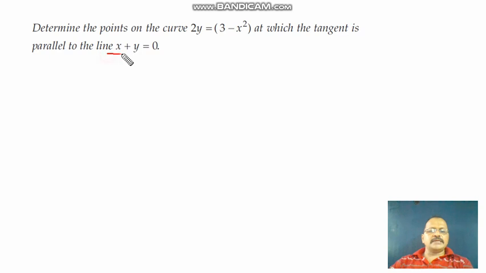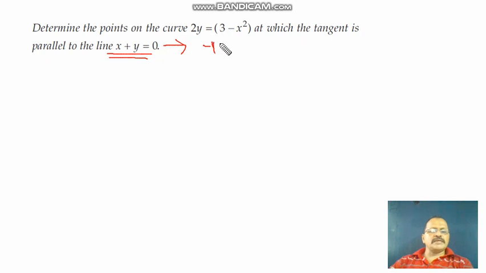Now one line is given to us, that means slope of this line is known. Slope of this line is minus 1. Minus coefficient of x upon coefficient of y, that gives me slope of this line equal to minus 1.